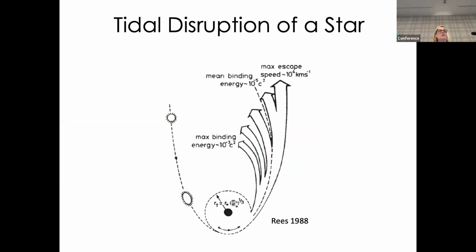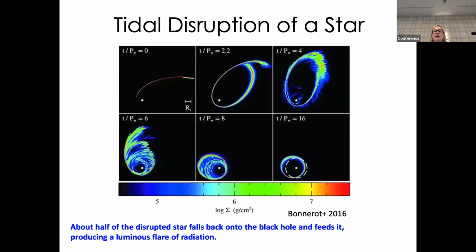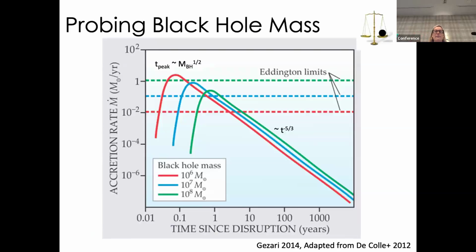So when the star is disrupted, some of the gas from the star is ejected at high velocities, but about half of the stellar debris returns around the black hole and shocks and circularizes to form an accretion disk. This compact accretion disk radiates in the soft X-rays and the UV and produces a luminous flare of radiation.